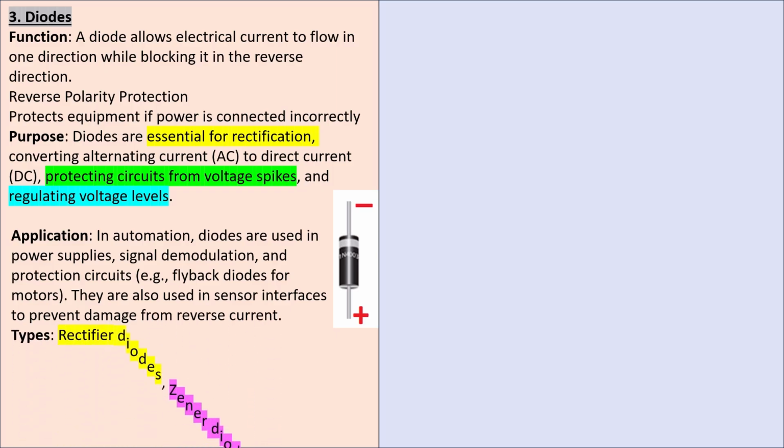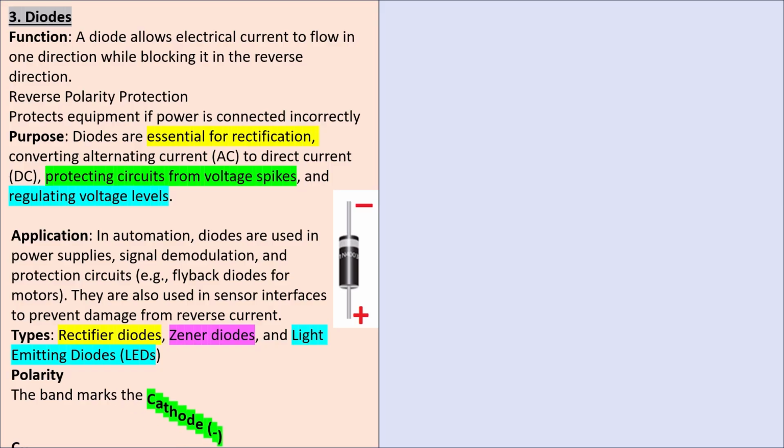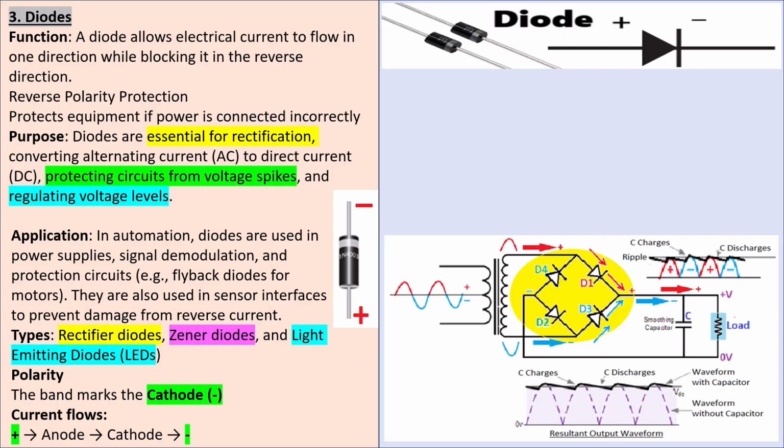Types: rectifier diodes, Zener diodes, and light-emitting diodes, LEDs. Polarity: the band marks the cathode, negative. Current flows from the positive, which is the anode, through to the cathode, which is the negative. There you can see the symbol, and you can see what a diode looks like.